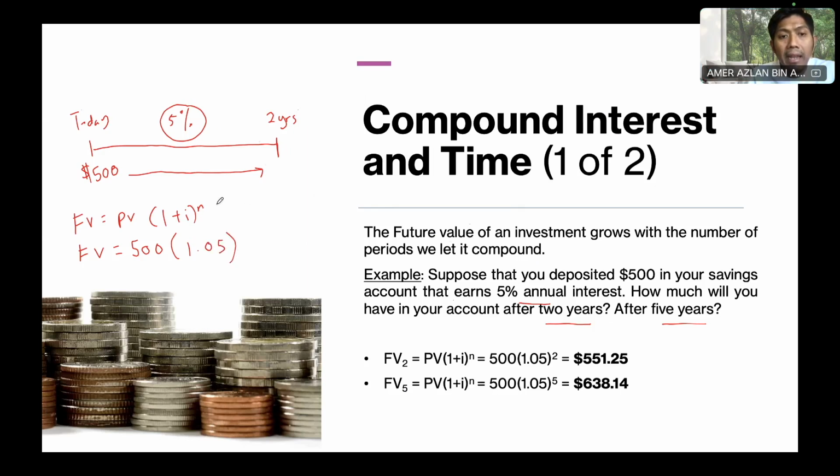Power of n is time or years, which is 2, right? So if we calculate, you get the future value of $551.25. In other words, if you leave your 500 today in an account that gives you 5% return, in the next 2 years the money will grow to 551.25.